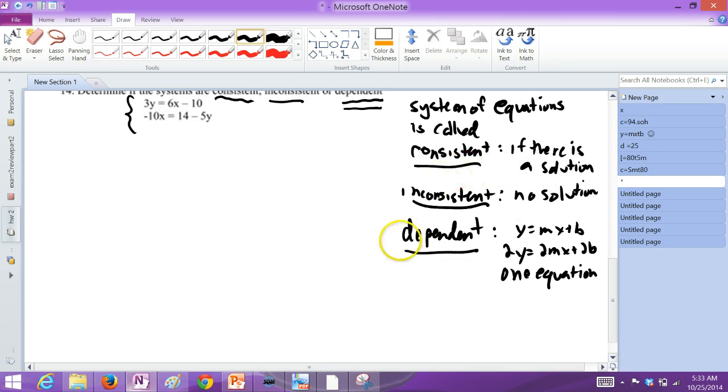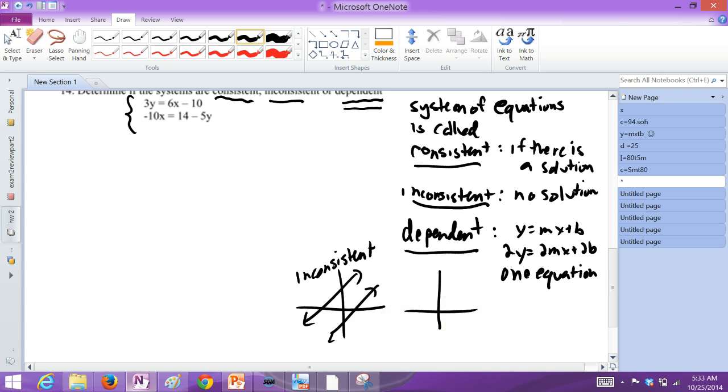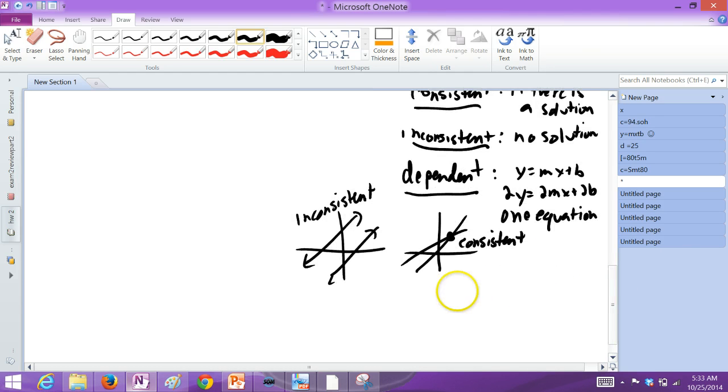Graphically, if you have two parallel lines, they'll never intersect, and so that is inconsistent. If you have two lines that intersect, that's called consistent. And this third situation is both consistent and dependent, I guess.